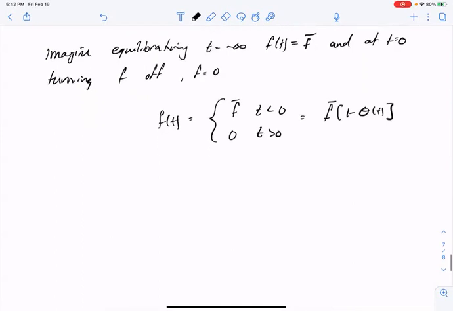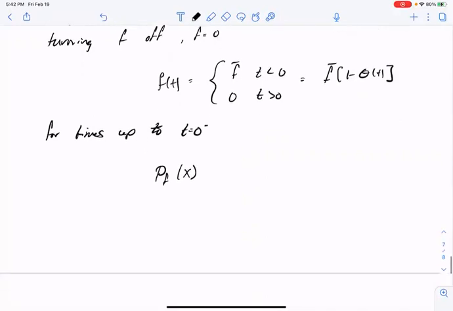That is a convenient thing to do because for times right before the perturbation gets turned on, the probability of a configuration in the full phase space is Boltzmann distributed with that constant force. Namely, I know what the distribution of microstates is. They're distributed in a Boltzmann form.